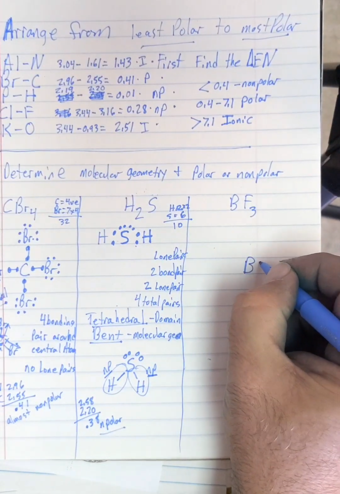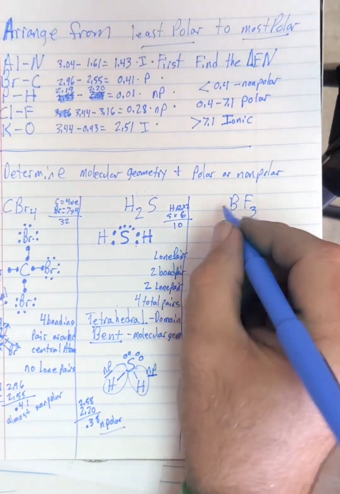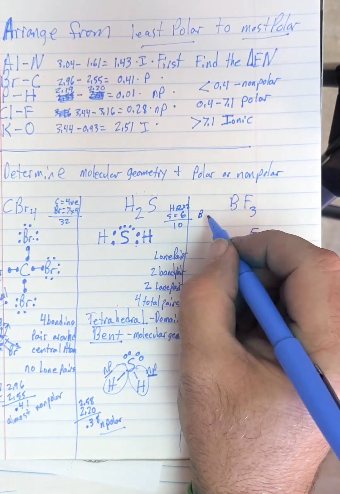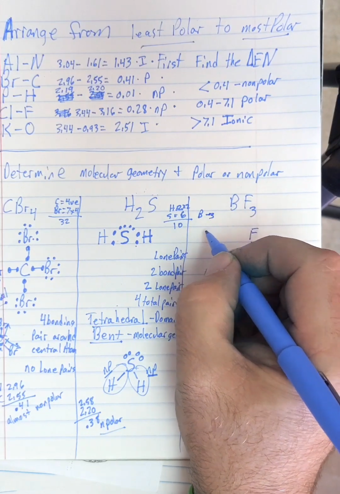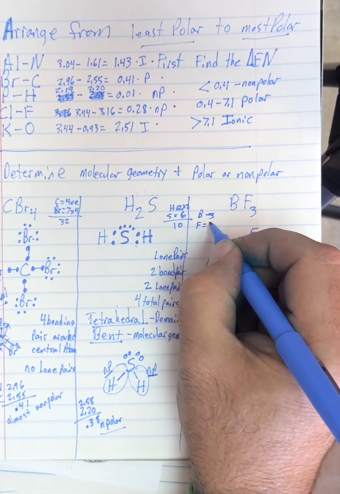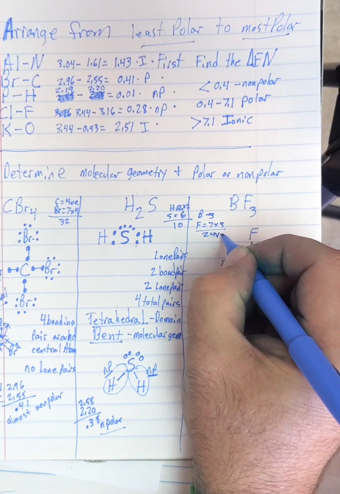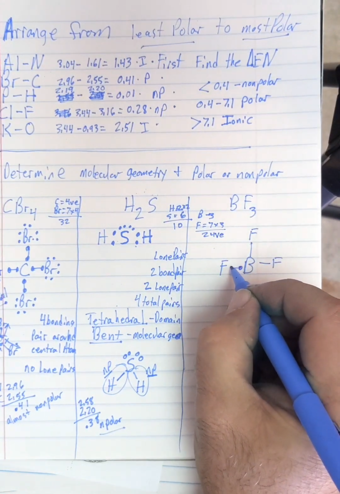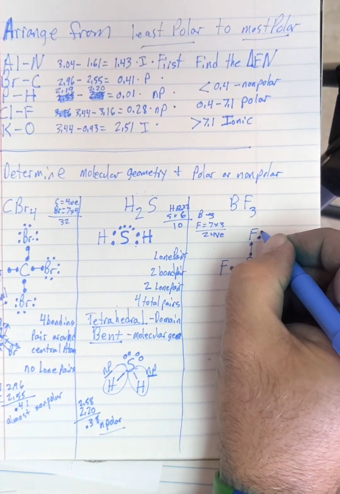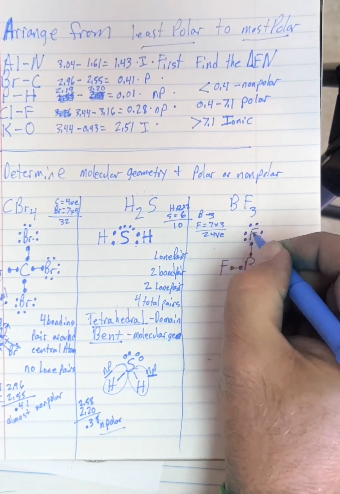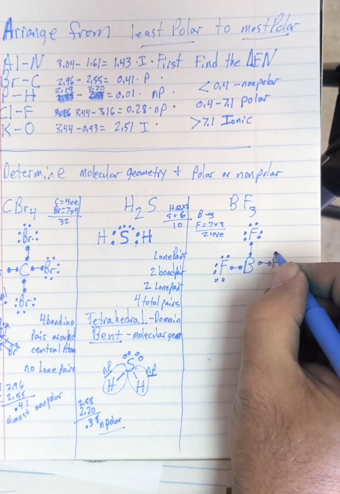All right, so now we have boron trifluoride. Boron has 3 valence electrons, and 3 fluorines with 7 each. So we have a total of 24 valence electrons. We've already used 6 of them, and there are 6 more, and 6 more, and 6 more.